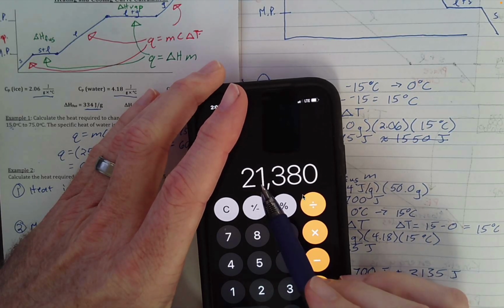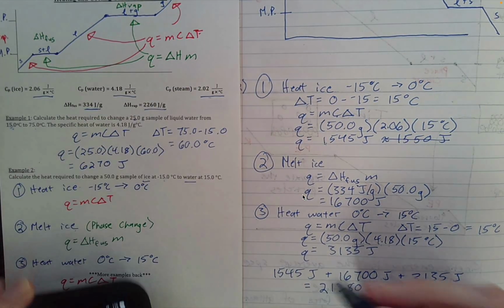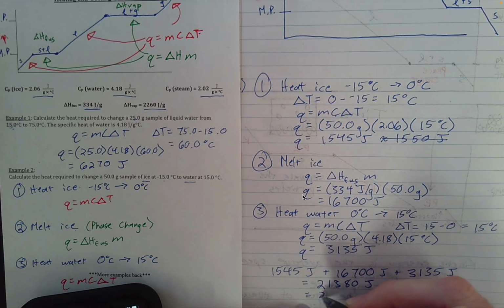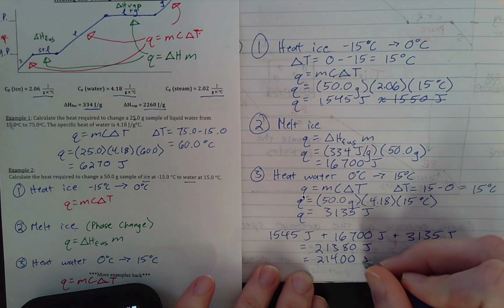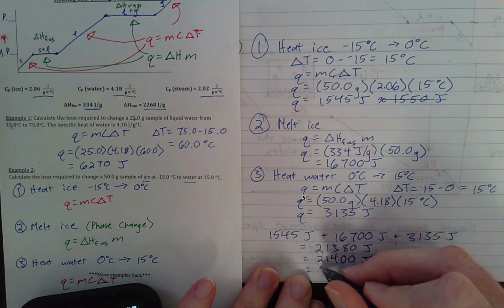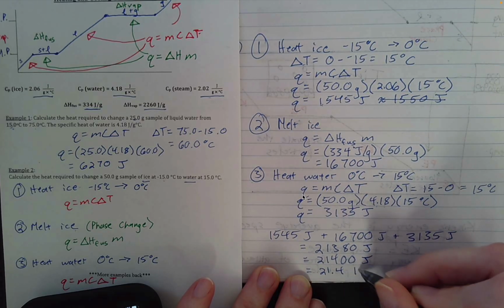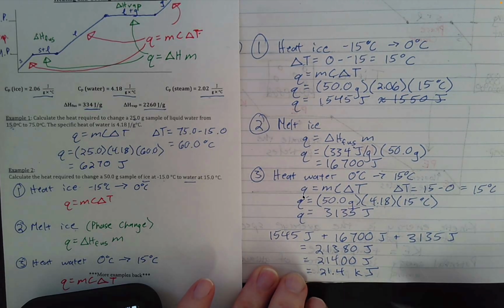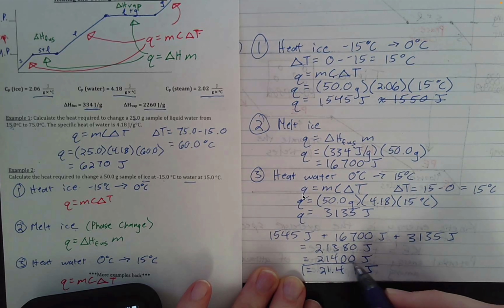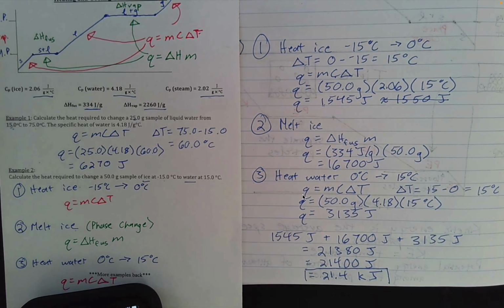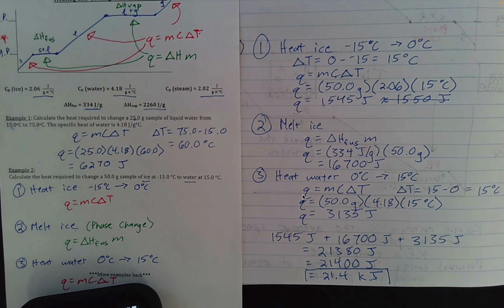So it's going to be 21,400 joules, which is the same as 21.4 kilojoules. Great. Fantastic. We did it. We made it all the way to the final answer. So that's just one phase change, okay?